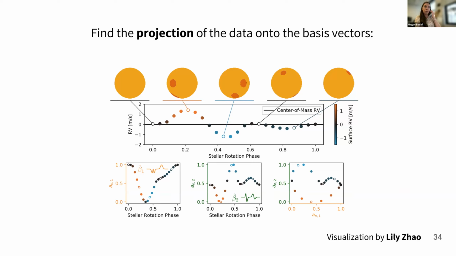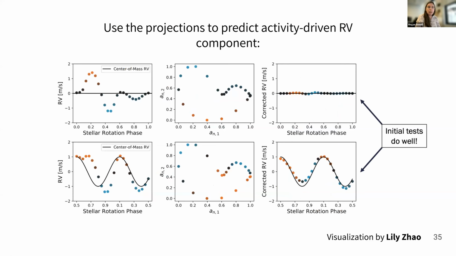Once we're able to come up with this projection, all we need to do is basically treat that position in the contour as an activity state, or use the projections as new activity indicators.